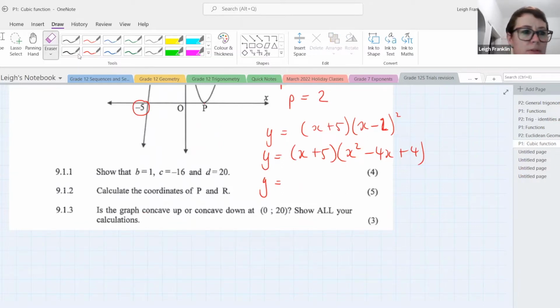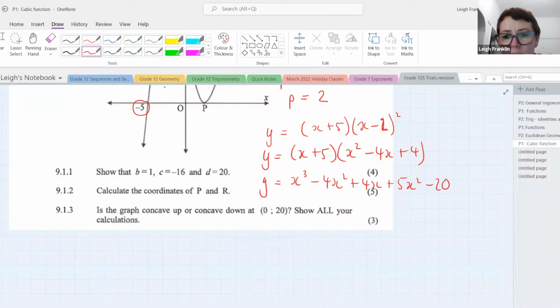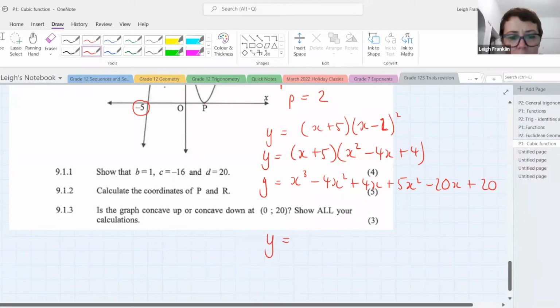So now we're going to multiply the x by every term in the other equation. So it'll give us x cubed minus 4x squared plus 4x plus 5x squared minus 20x plus 20. So now we finally end up with y equals x cubed plus x squared.